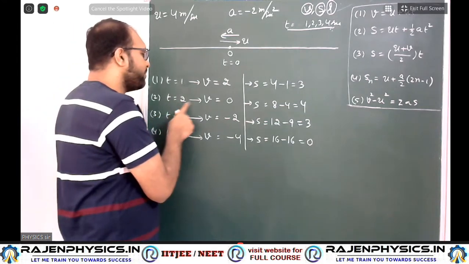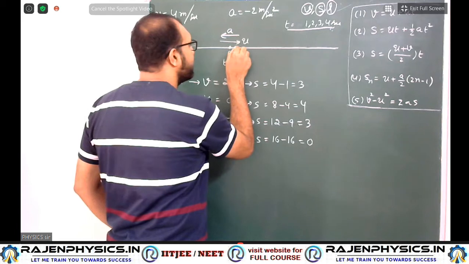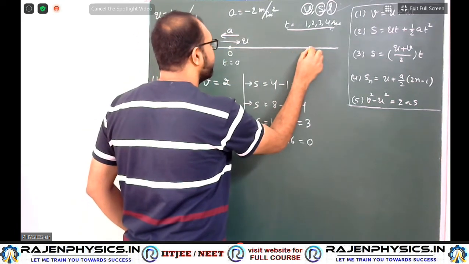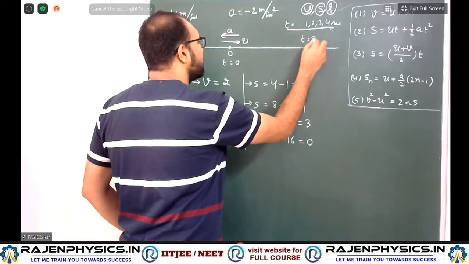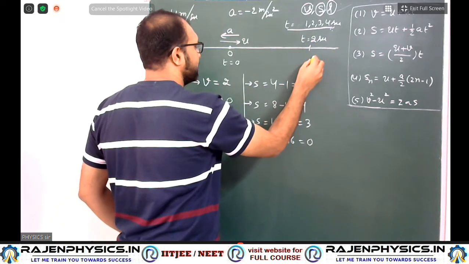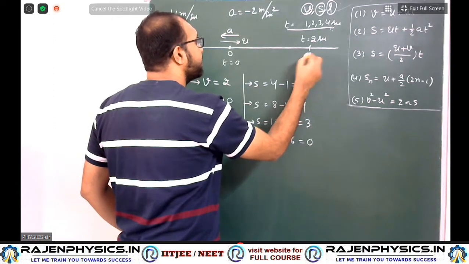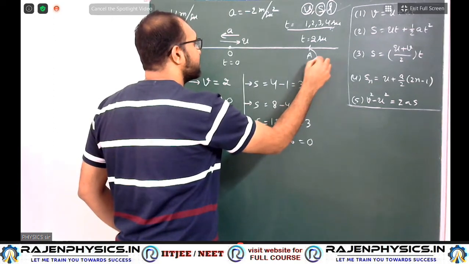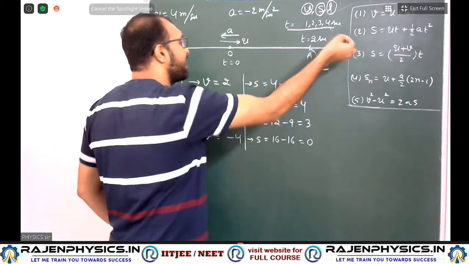At which time is velocity 0? At 2 seconds. That means the body moving here at t equal to 2 seconds reaches point number A. Velocity 0 means rest. So point number A is the last point.